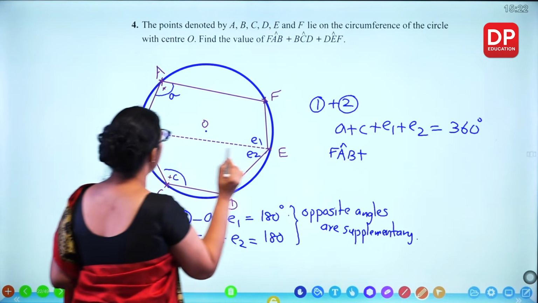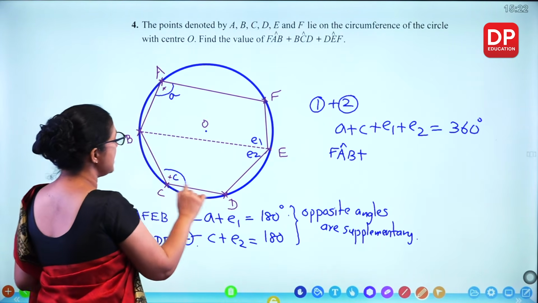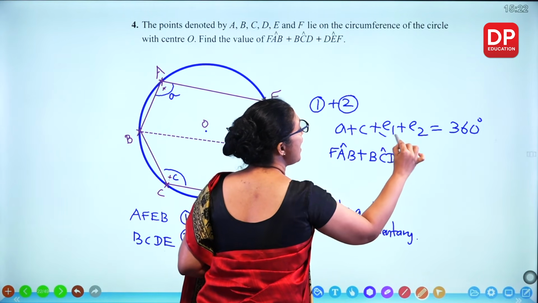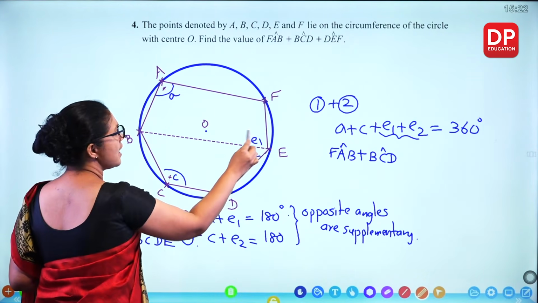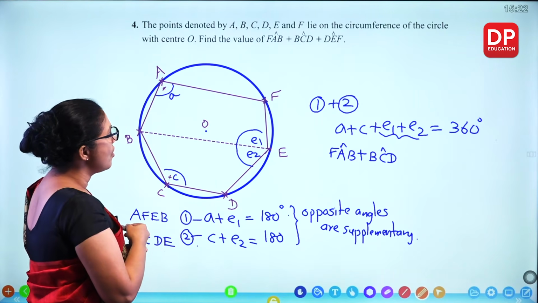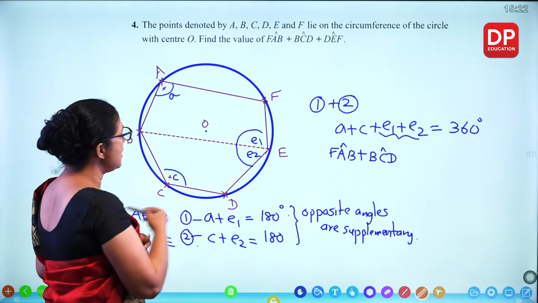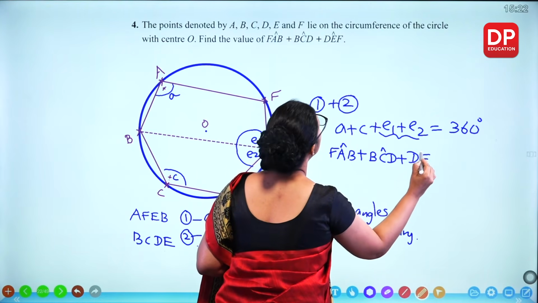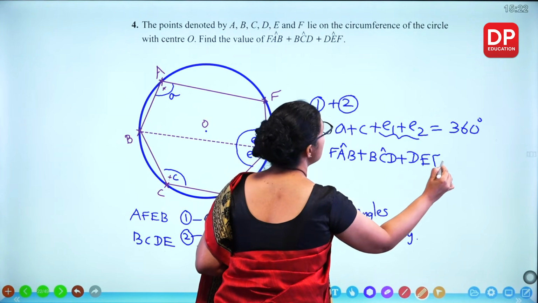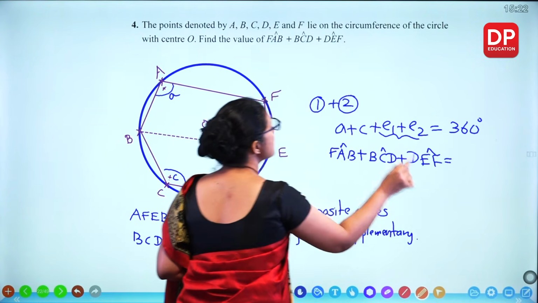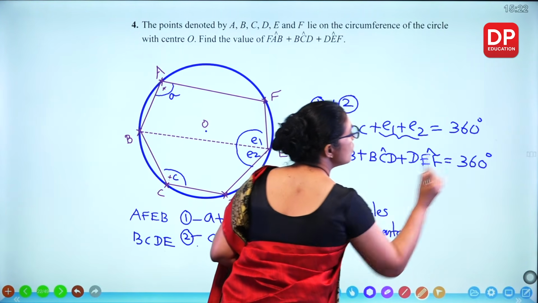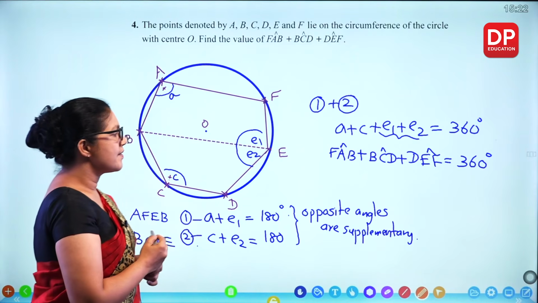What's C? BCD angle. These two, E1 plus E2, is FED or DEF angle. So what's the sum of all three angles? That's equal to 360 degrees.